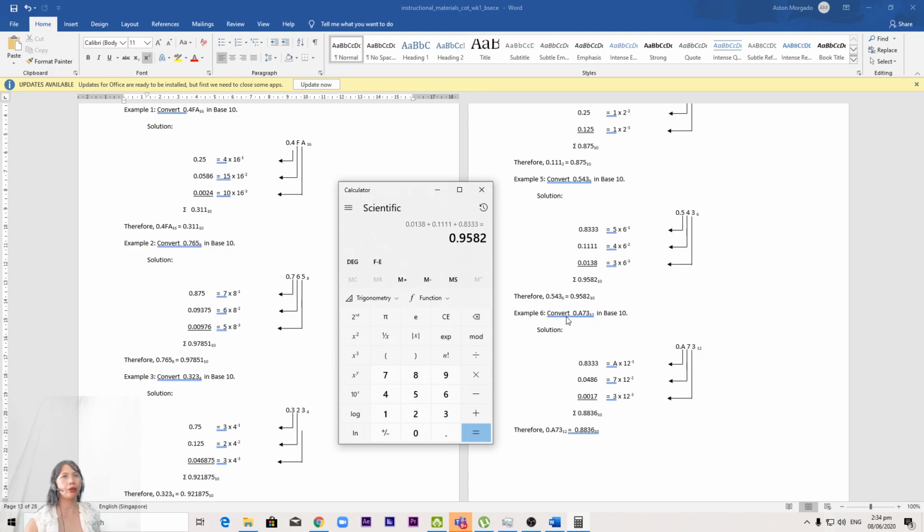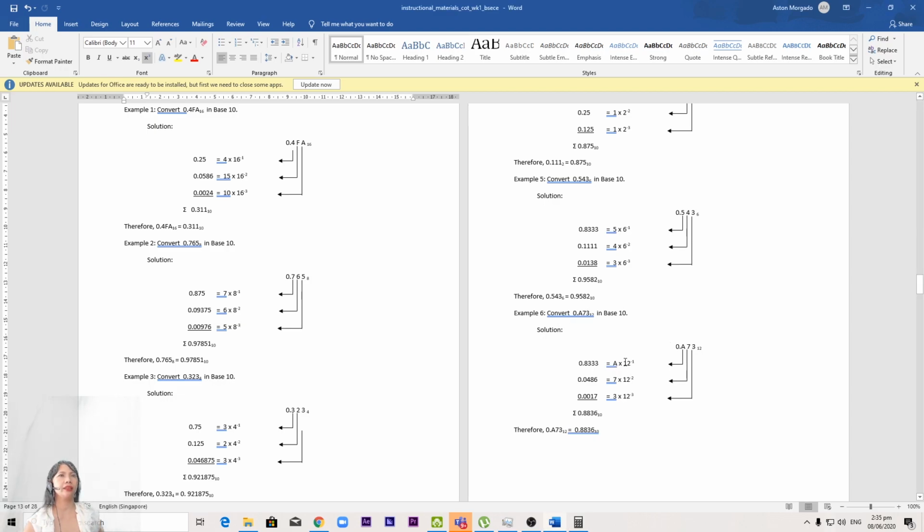And last, hooray! We're now at the last one. Example number 6: convert 0.A73 base 12 to base 10. A is actually equal to 10.